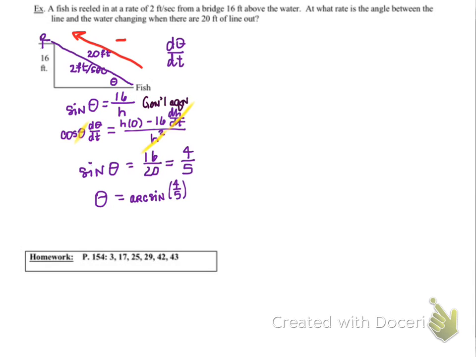That's a Pythagorean triple. That also means that cosine of theta is 3 over 5 because it's a Pythagorean triple.